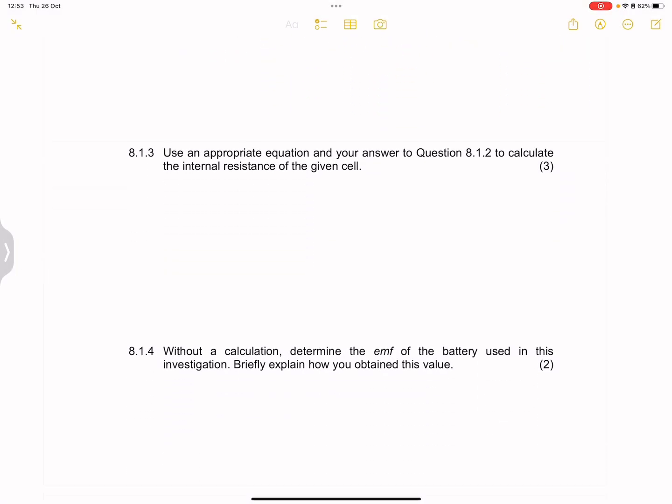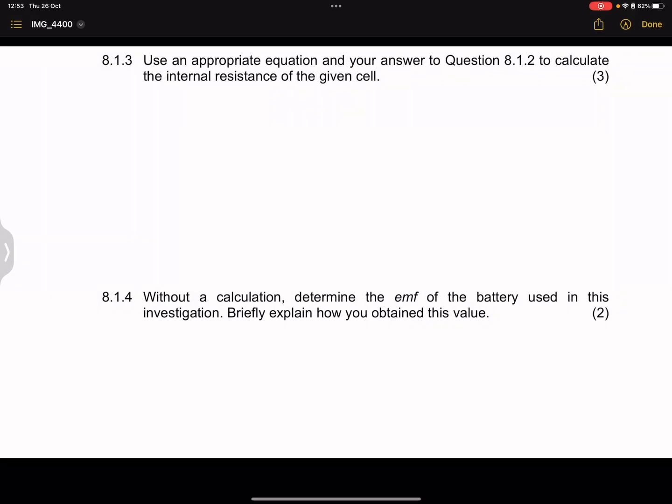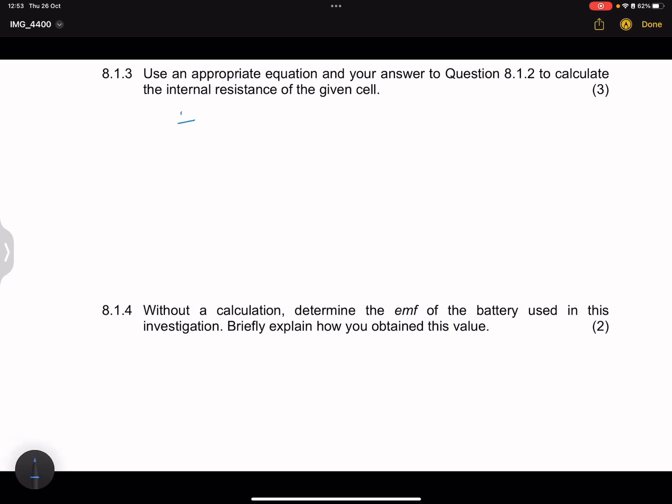They say use an appropriate equation and your answer to question 8.1.2 to calculate the internal resistance of the given cell. Now guys, please keep this in mind. We've got voltage against current, so we are relating EMF.